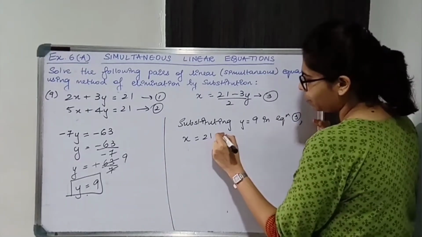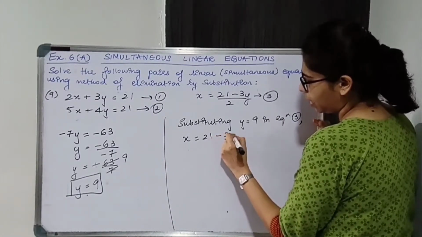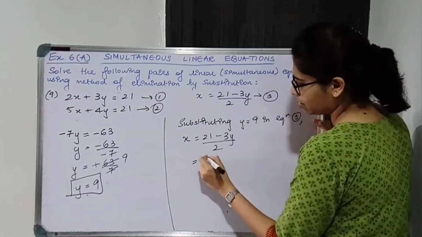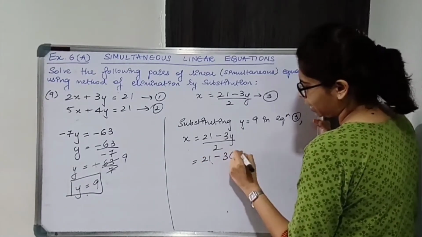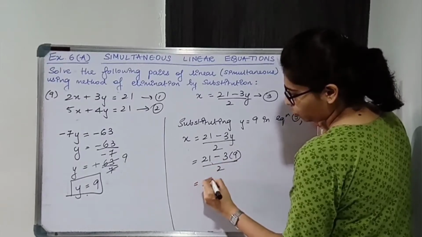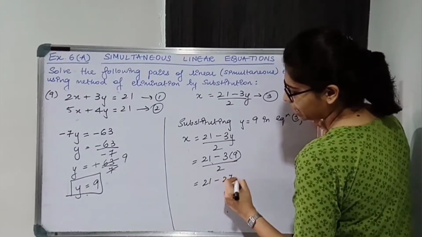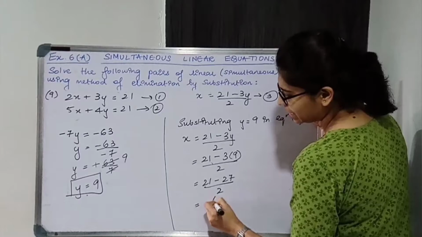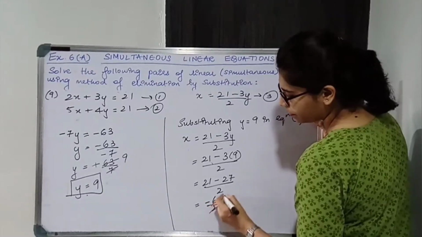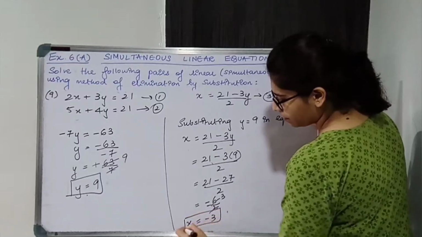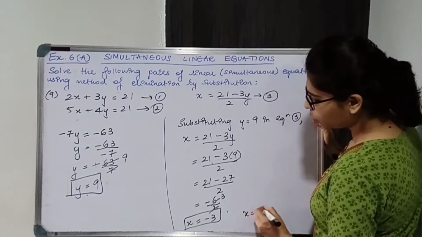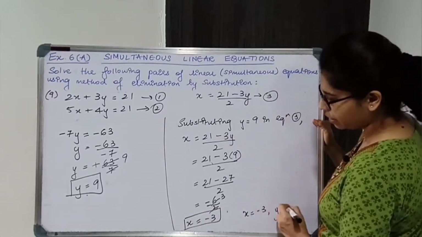So that is 21 minus 3 into 9 by 2. So 21 minus 9 3s are 27 by 2, so minus 6 by 2. So that gives minus 3. So final answer is x equal to minus 3 and y is equal to 9.